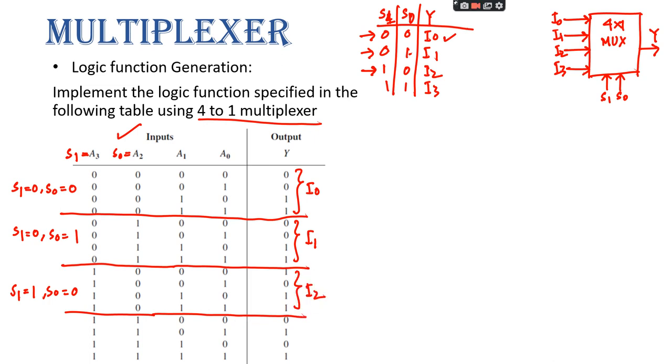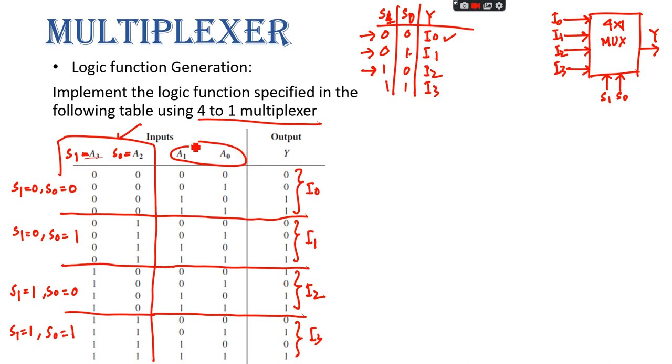And for the last 4, it should be S1 equals 1 and S0 equals 1, right? Yes, sir. So among the 4 inputs, you have already considered these 2 as the control input, so the next 2 I can use as inputs.